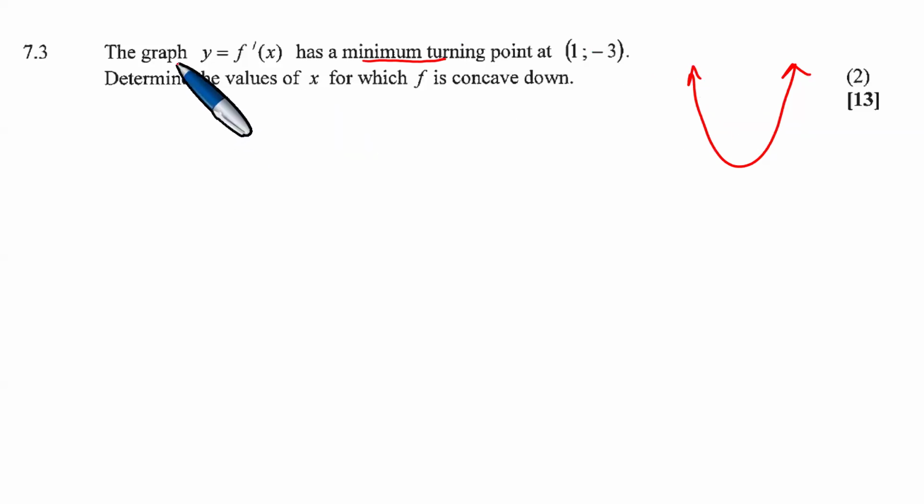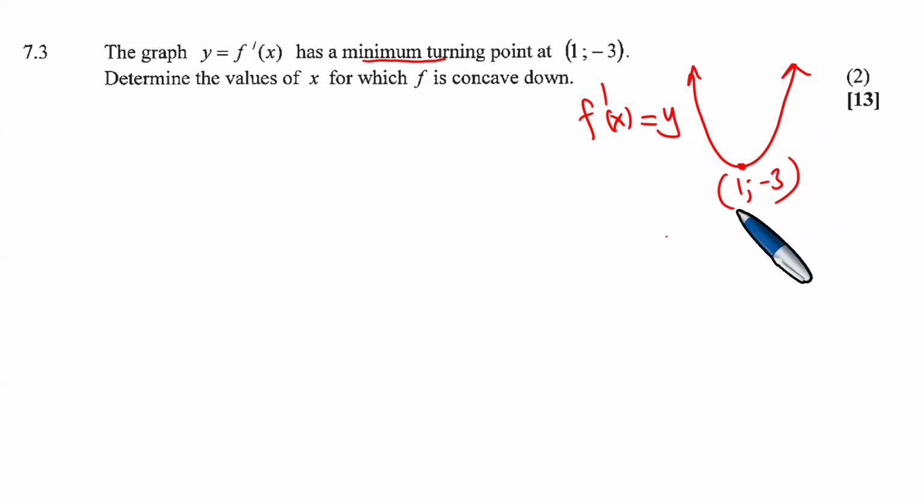Now the graph y equals f prime of x has a minimum turning point at (1; -3). Like this, this graph has a minimum turning point at this point.